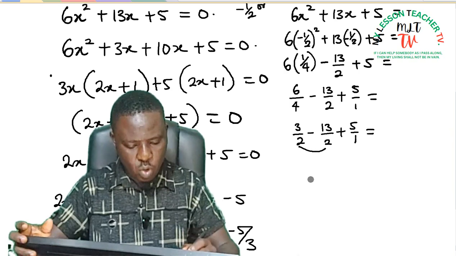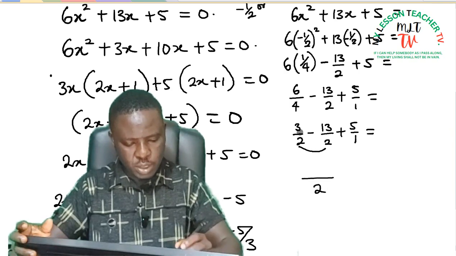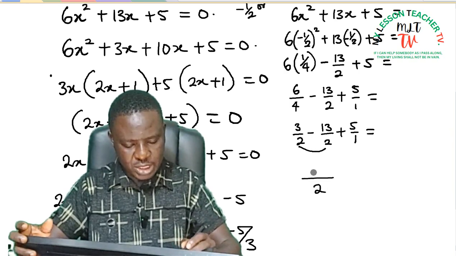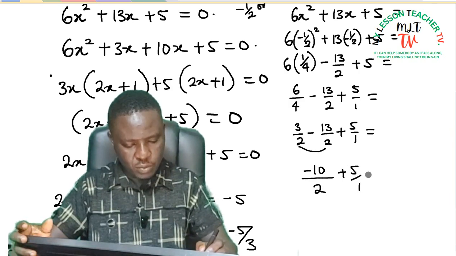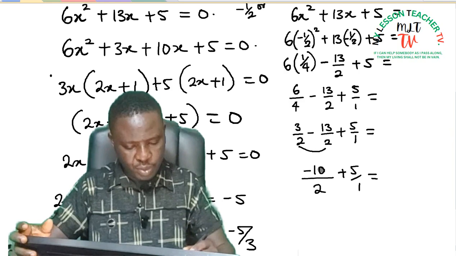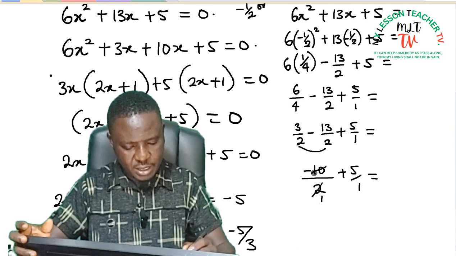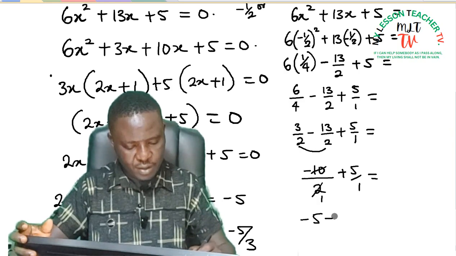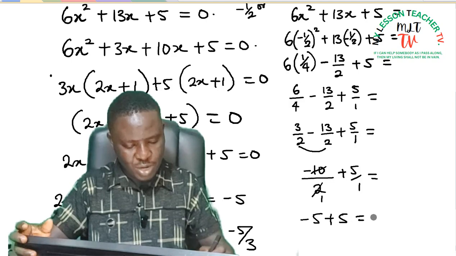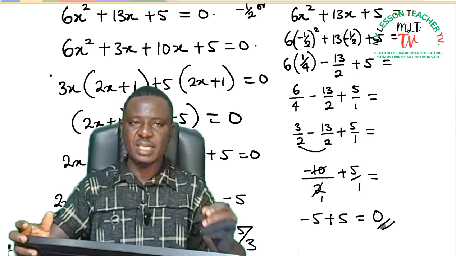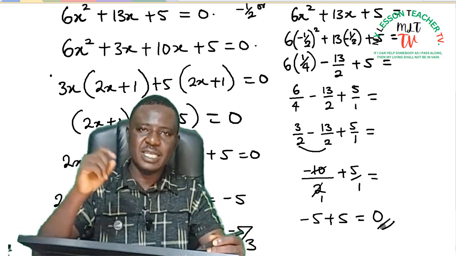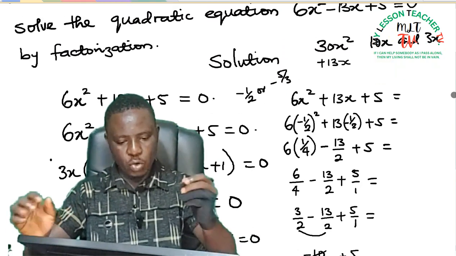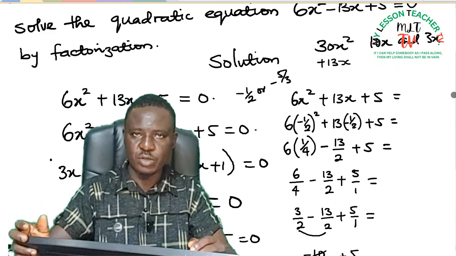Since the denominators are equal, this becomes 2. 3 minus 13 is said to be minus 10 plus 5 over 1. Will it be equal to 0? 2 can divide. This becomes minus 5 plus 5. Will it be equal to 0? Yes. That shows you that minus half is equally the root of the equation.